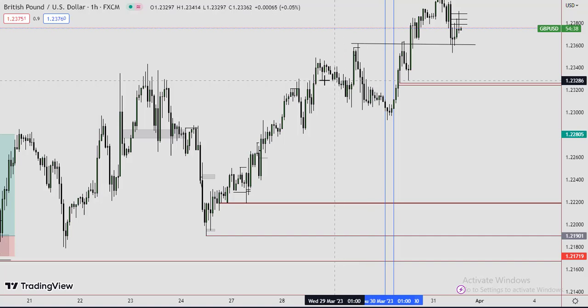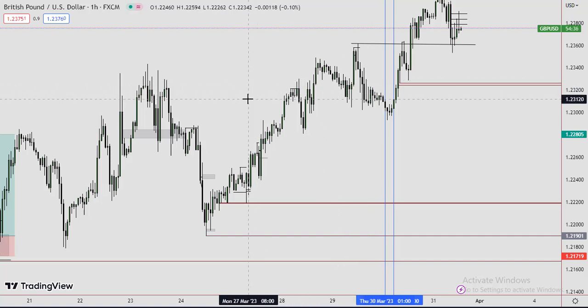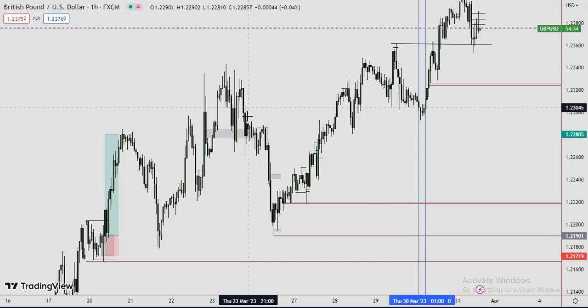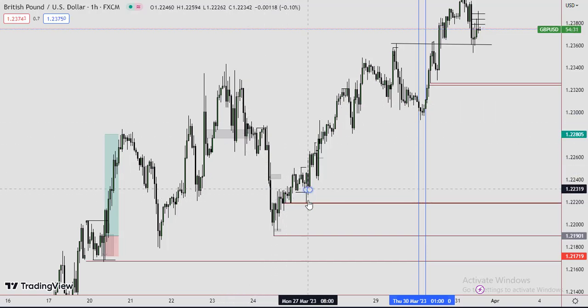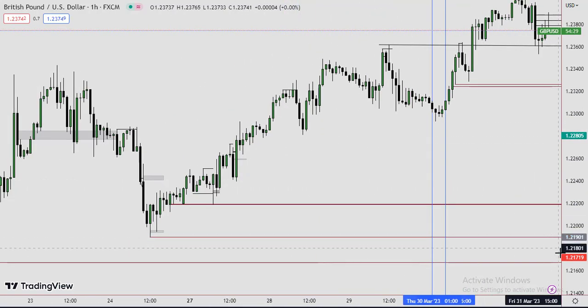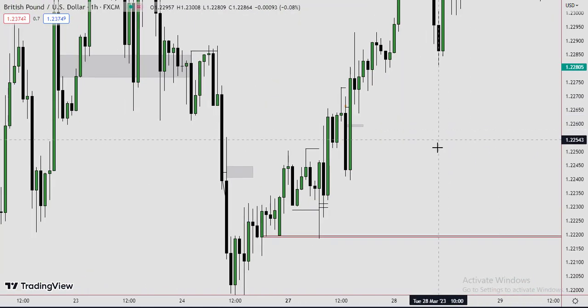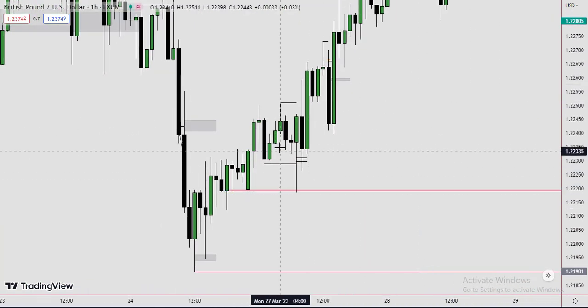Okay. So this is Monday. Yes, I saw that. So this is the GBPUSD chart.